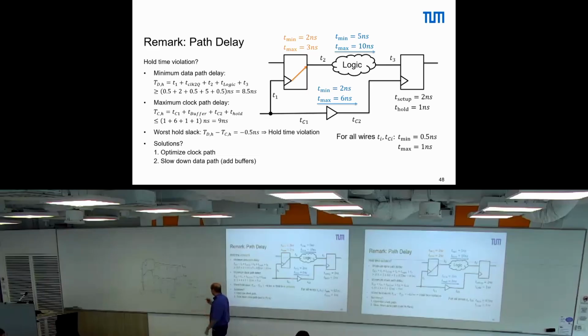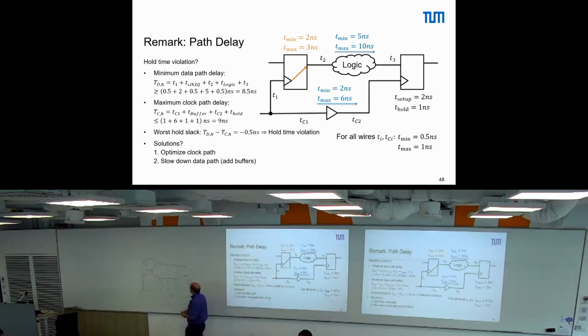So in our case, we want T_D min to be larger than the clock. We need to take the maximum clock, that should not be min but max, sorry. There we take the minimum, so that's already there. What is missing is the hold time.